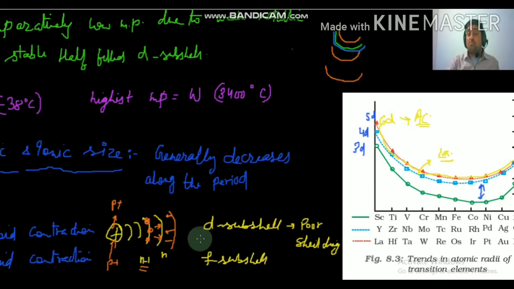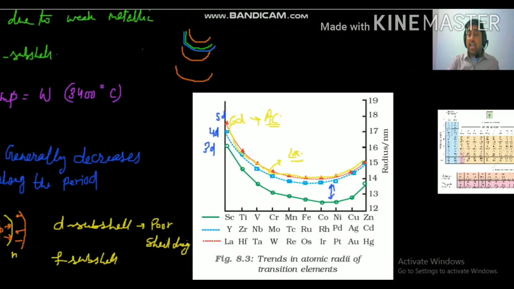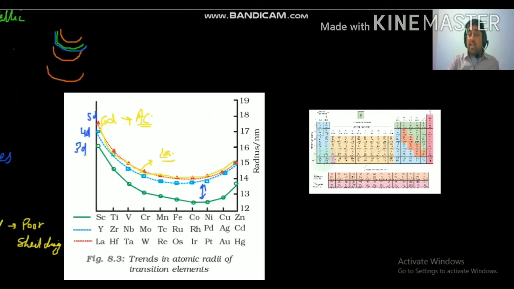This is due to the poor shielding of the d subshell electrons. And one more thing: as we move here, here are the lanthanoids. Before the next element of the d block comes, there are 14 members of the lanthanides. They are filled progressively, that is, after 5d1 6s2.